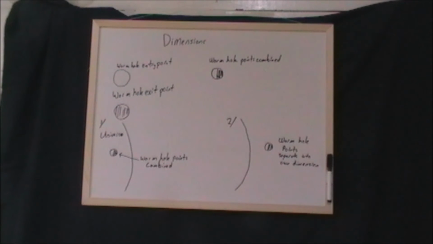Dimensions are always sphere shaped. That is the only shape of a dimension. I am the Archangel Daniel, and I am from heaven.